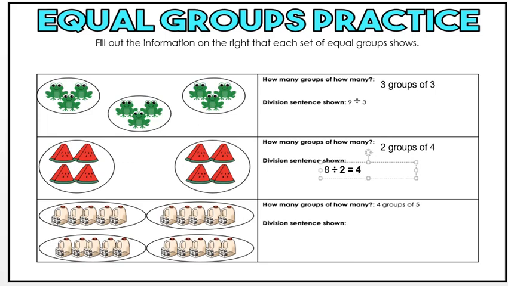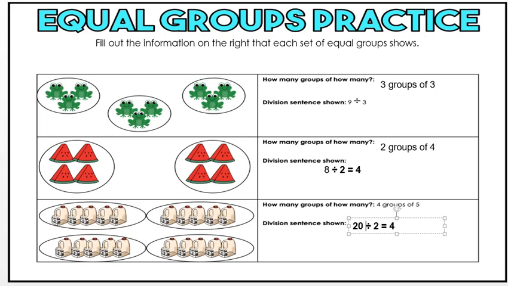So at the bottom, again, we have how many groups of how many. We know that we have 4 groups. And we counted that we have 1, 2, 3, 4, 5, okay? So now we're just going to write the division sentence. Remember, the first number that we're putting in is how many milk cartons there are all together. 1, 2, 3, 4, 5, 6, 7, 8, 9, 10, 11, 12, 13, 14, 15, 16, 17, 18, 19, 20.